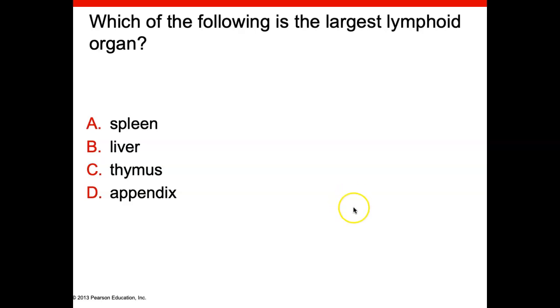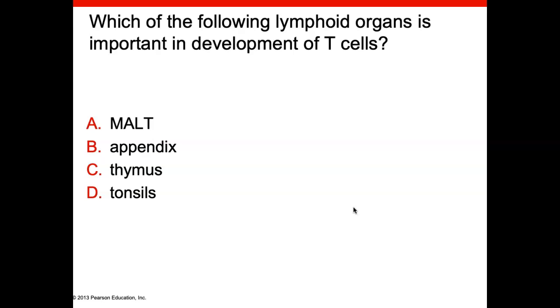Which of the following is the largest lymphoid organ? The spleen. Which of the following lymphoid organs is important in development of T cells? The thymus.